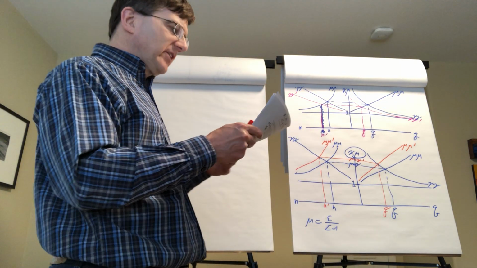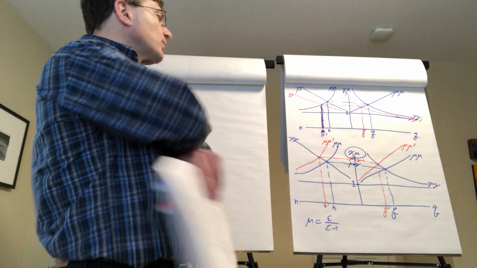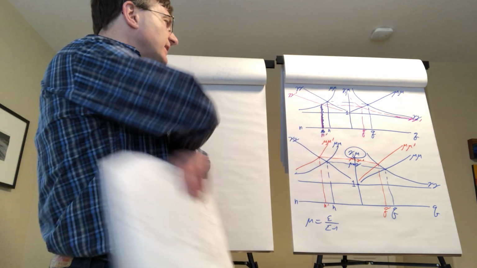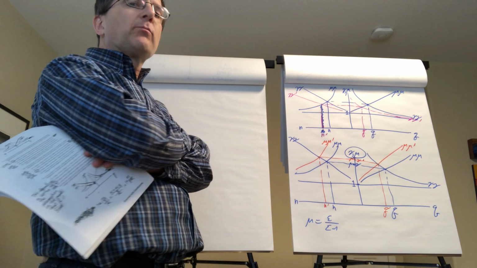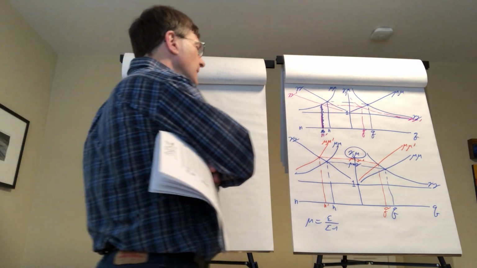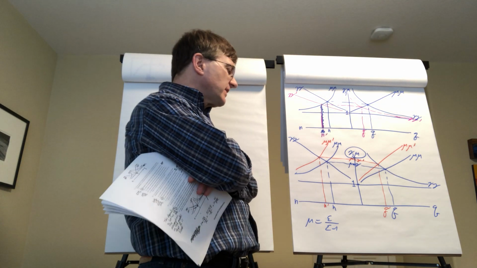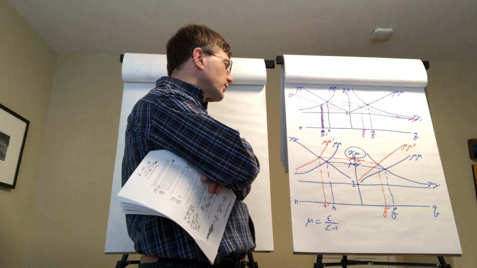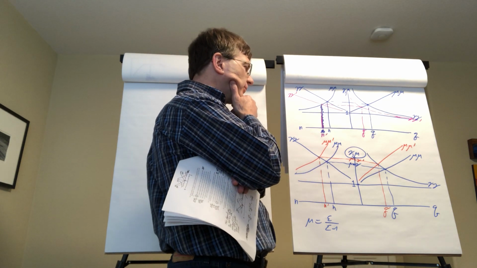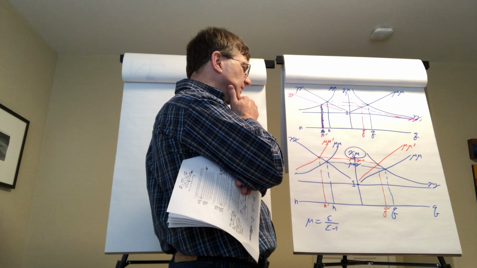Okay, so does that make sense? What we have is we actually have this market becoming less competitive for a reason that doesn't have anything to do with the number of firms, or for any given number of firms, it's becoming less competitive.